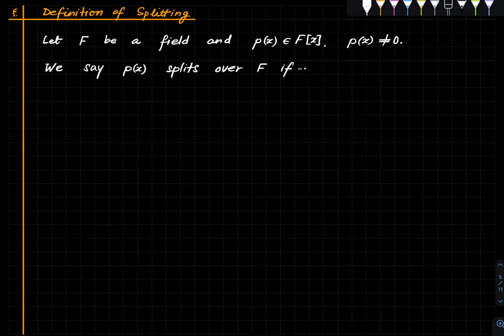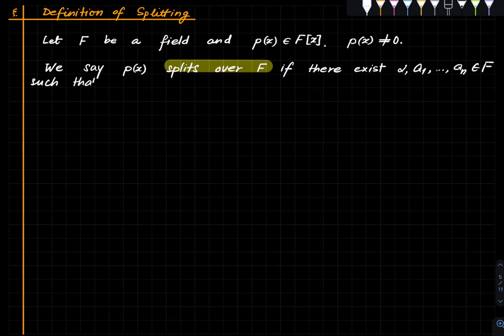So we say that p(x) splits over F if there exist field elements alpha and a_1 up to a_n such that p(x) is equal to alpha times (x minus a_1) dot dot dot (x minus a_n).